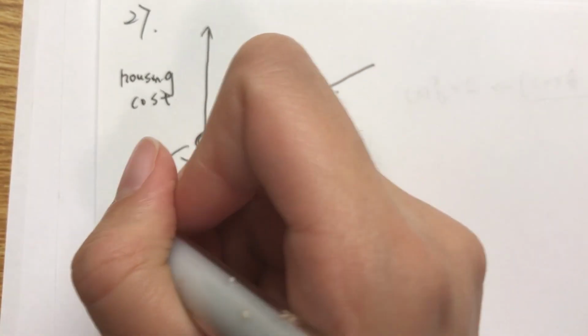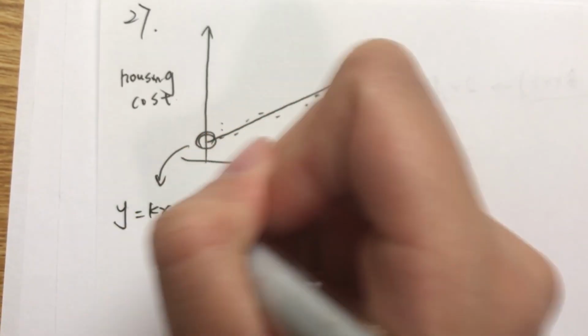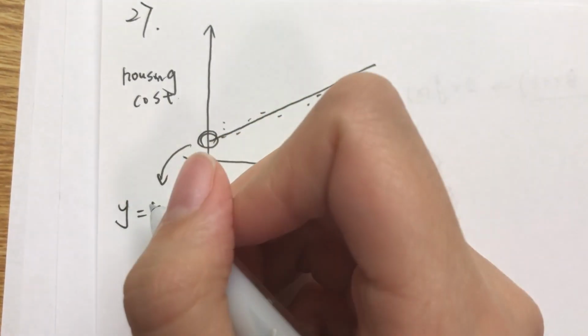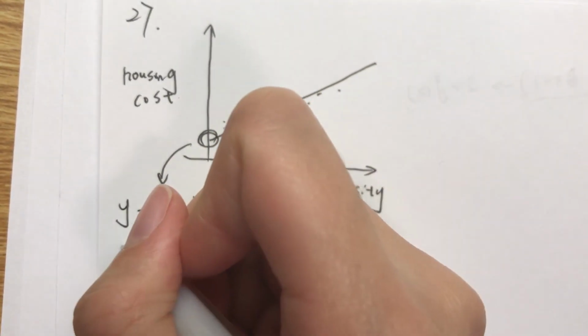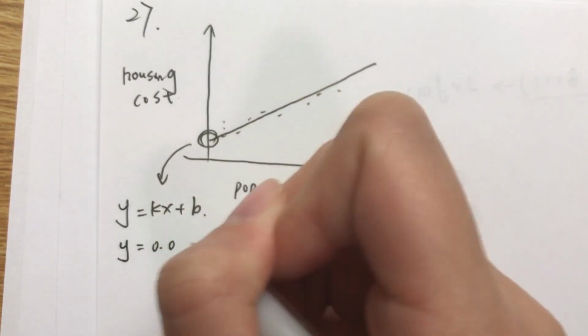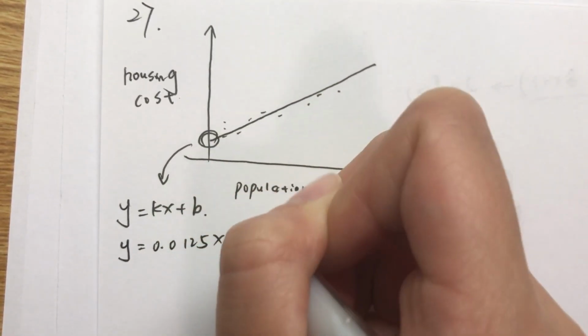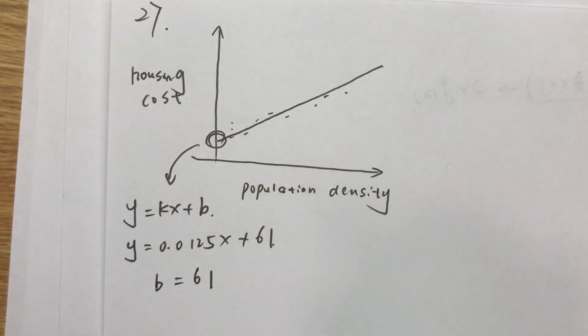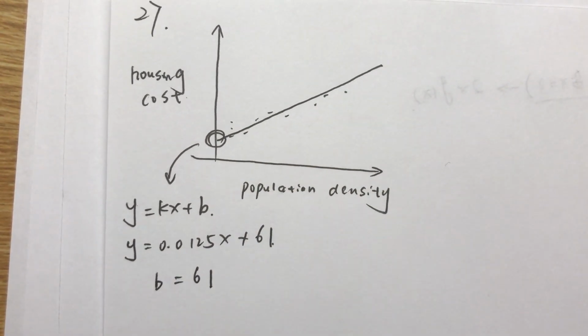So from here, we notice that for a linear equation, if the linear equation is y equals kx plus b, the question gives us the equation y equals 0.0125x plus 61, which means b equals 61. So what is the meaning of the 61?